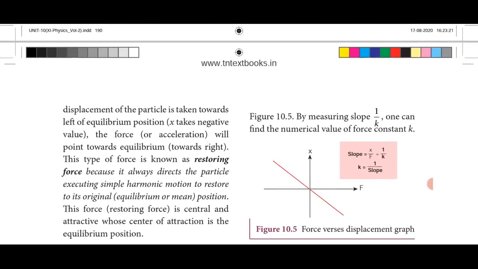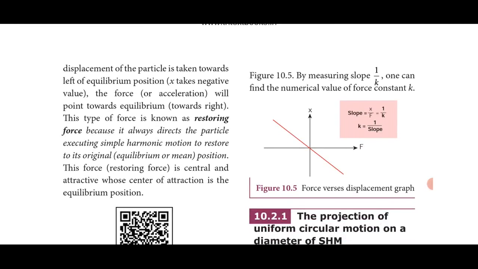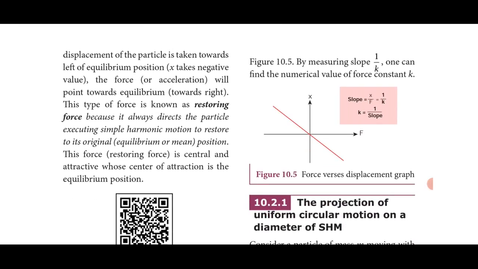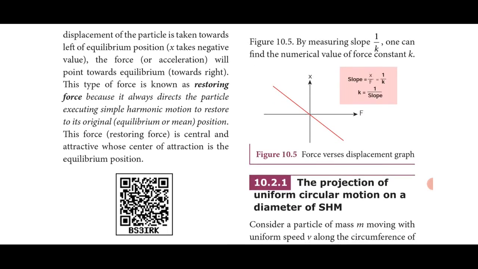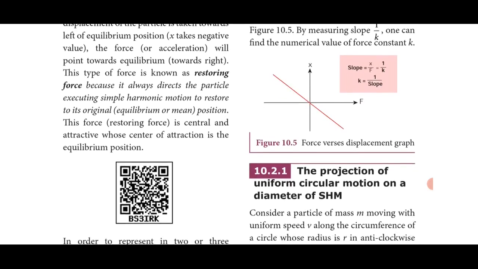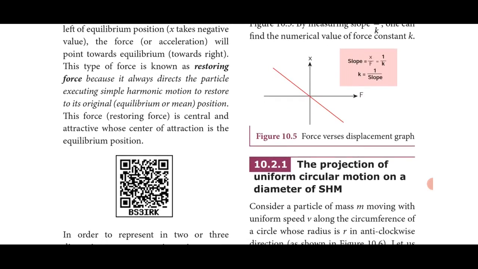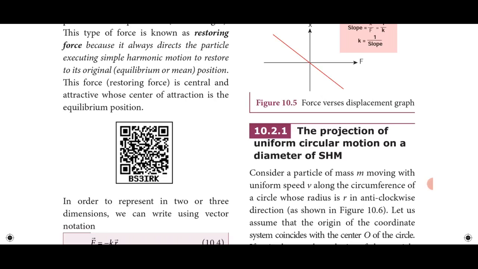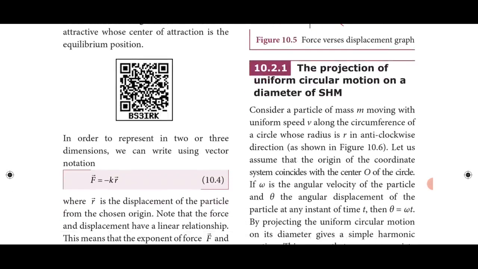Similarly, when the displacement is towards the left of the equilibrium position, x takes a negative value, so the force will point towards the equilibrium, that is towards the right. This is known as the restoring force, because it always directs a particle executing simple harmonic motion to restore its original position. When the restoring force is central, the center of attraction is the equilibrium position.